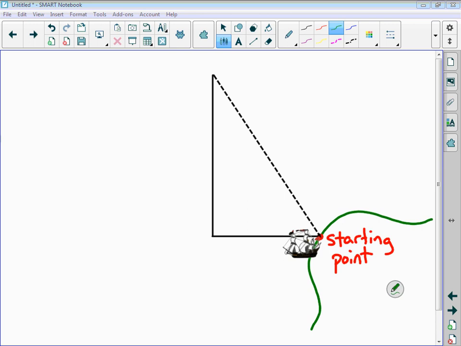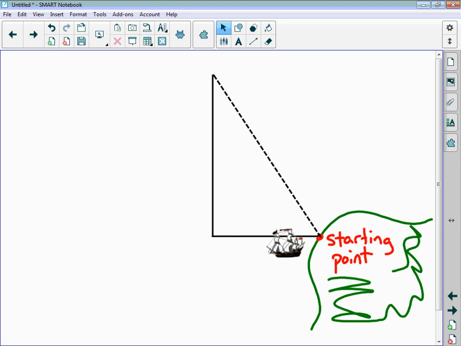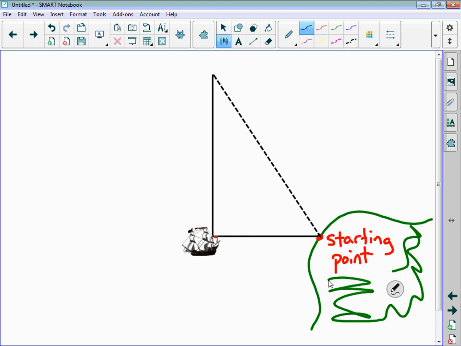So you can imagine that we have some land over here. This space is land. And there's a boat that starts at this starting point. And it's going to travel along, and it's going to go 10 kilometers. That'd be west, so let's just say this is 10 kilometers.